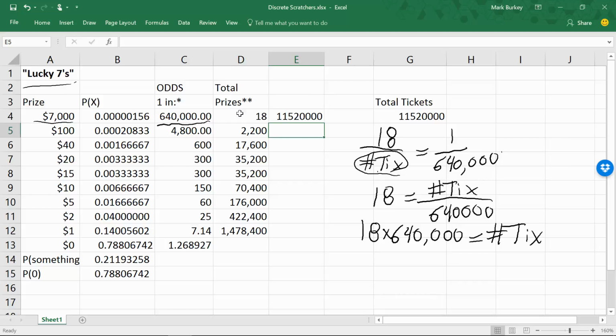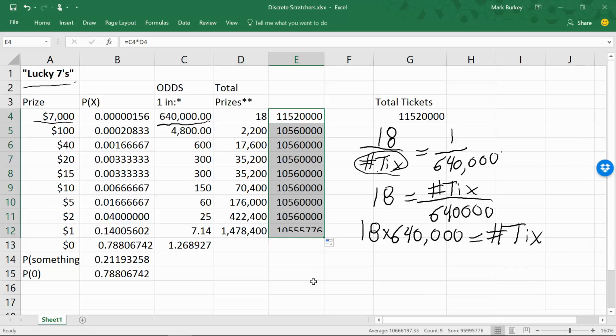And it turns out if you want to get that number, you can actually multiply any of these rows out, and you should get the same number, or very close, except for here there's going to be a little bit of rounding involved. So if we just copy that formula down, if we take 600 times 17,600, for example, we should always get the same number. Now, the reason we're getting slightly different numbers here is that these odds must have been rounded slightly. Although that's a bit of strange rounding here.